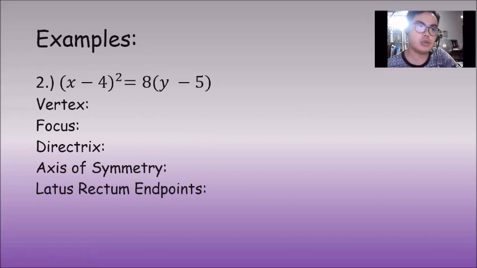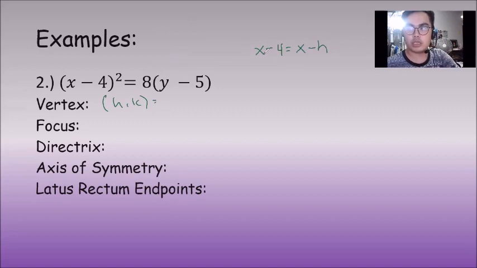Okay, so now we're going to identify the vertex. Again, it's always (h, k). In order to look for the vertex, we're going to relate x minus 4 to x minus h. To make it a shortcut, since both have x and both have a negative sign, we can easily tell that our h is 4.